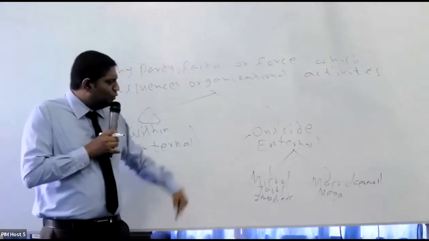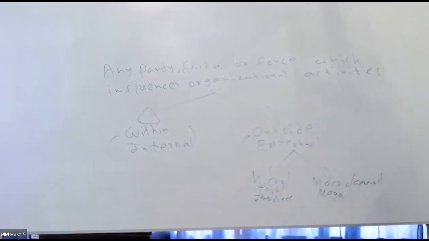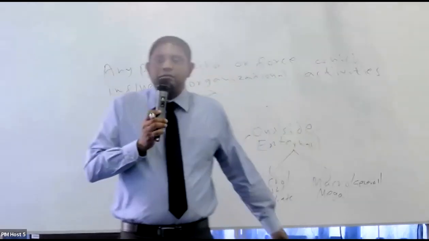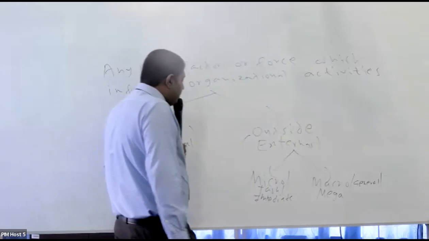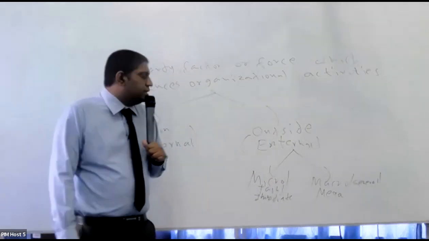Actually, if you look at each component in the external environment, when you look at the micro environment, within the micro environment we can identify the immediate stakeholders who are interested in the organizational activities.